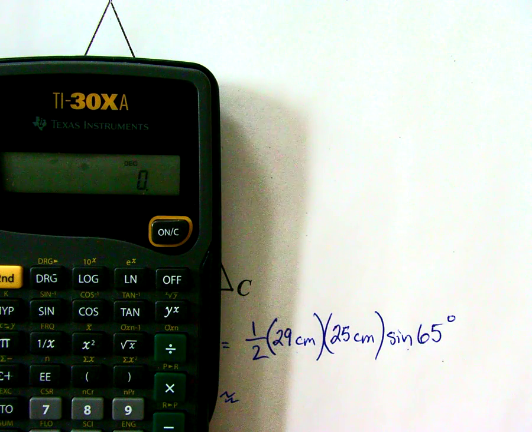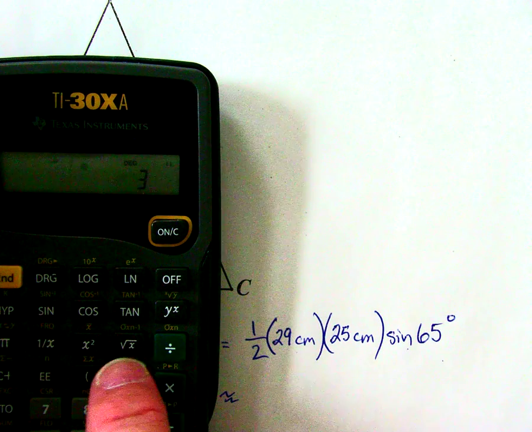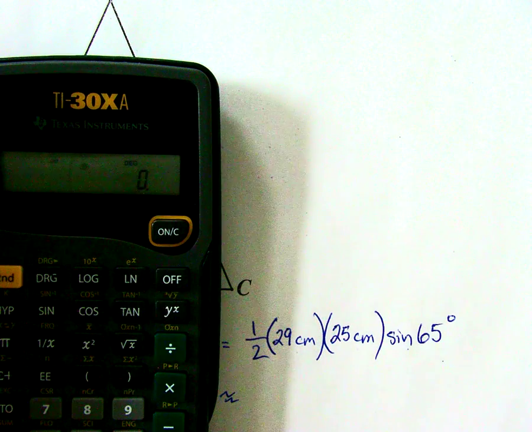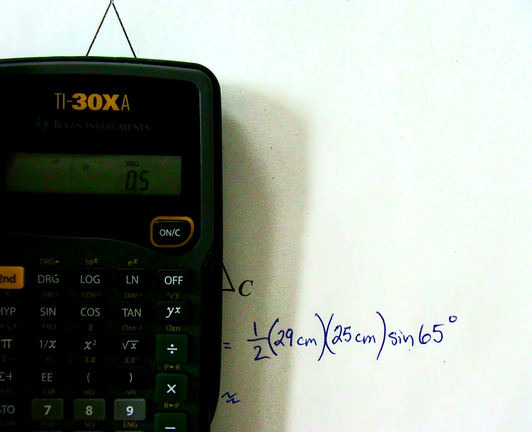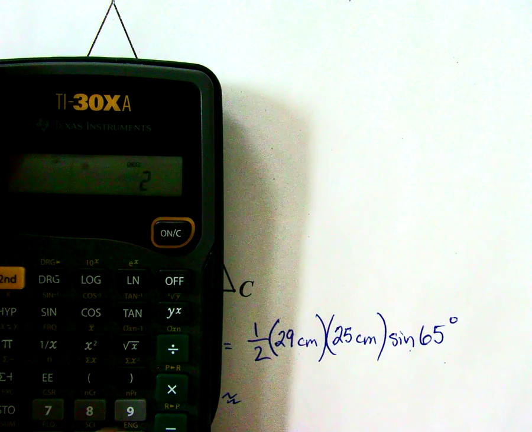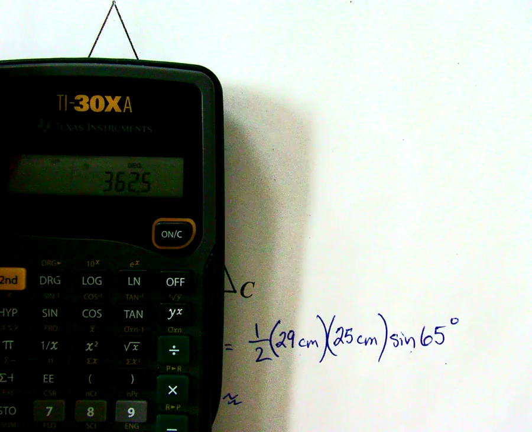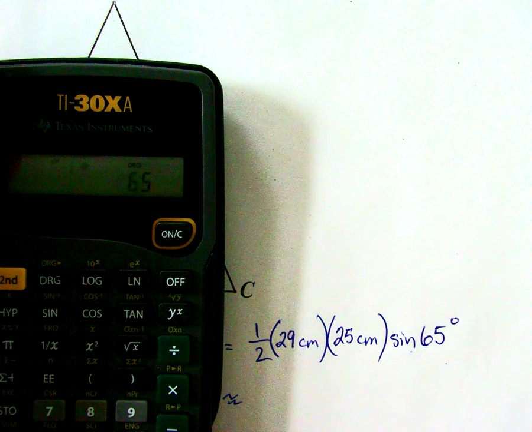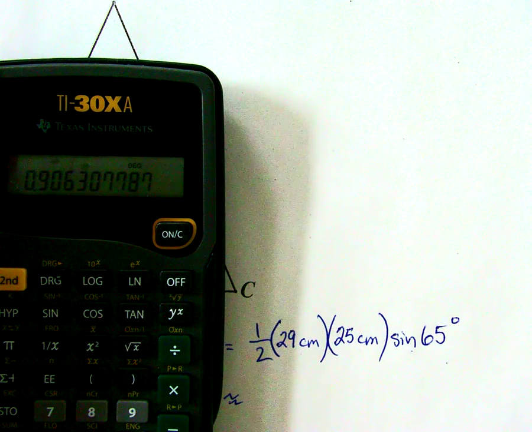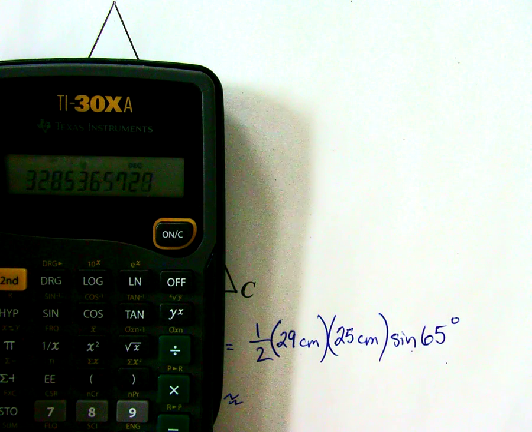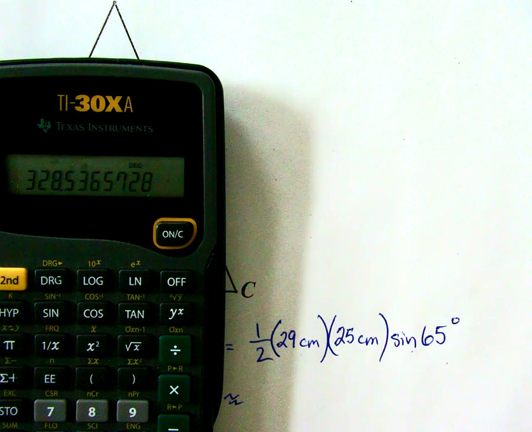I know that's 5/10, but I'm going to do it as a fraction, so I'm going to use the parentheses. 1/2, close the parentheses, times 29 times 25 times, remember for the sine I have to do the 65-degree angle first, then hit sine. Now that number is only the sine of 65 degrees, I have to hit equals. Okay, my area is about 328 and 5/10.